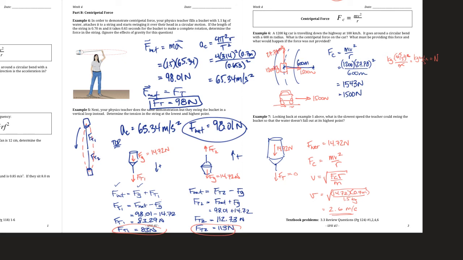So that speed was 6.7 or 6.8 meters per second in this case. So in order to get these forces, it was much faster, 6.8 meters per second. But this is the slowest speed you can theoretically make it around. All right, there we go.